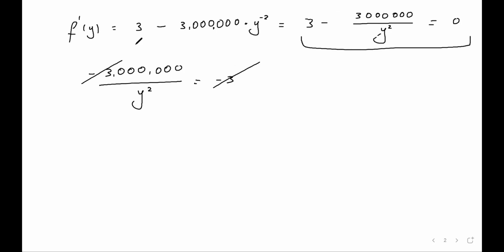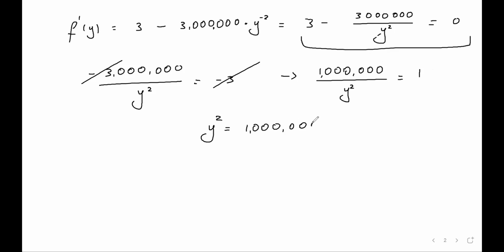Divide out by negative 3 on both sides, and you'll get 1 million divided by y squared equals 1. And that is the same as saying that, if you solve for y, multiplying by y squared, y squared would be 1 million.